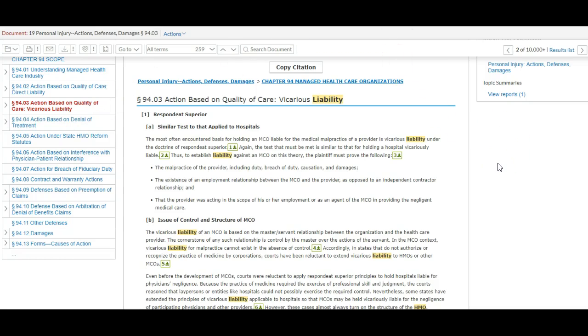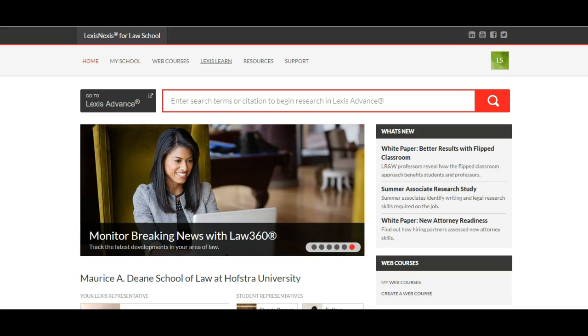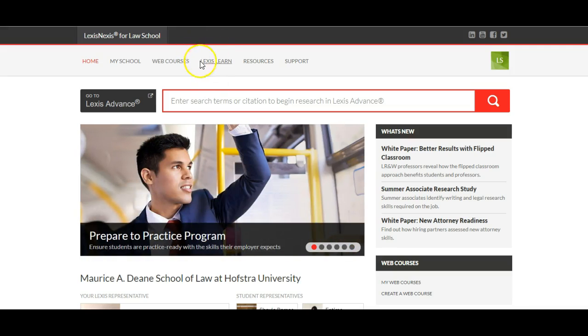Okay, again, a more practice-oriented tool on Lexis that actually, I'm not sure you'll have, no, you will have available. You've actually used this already. We're going to take a look at it through Lexis Learn.